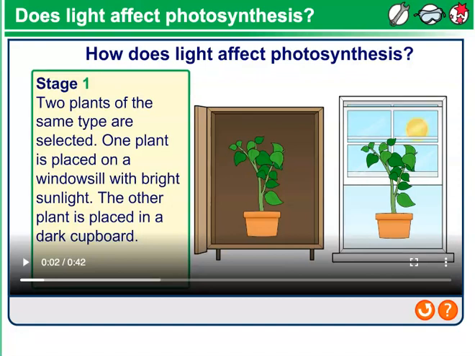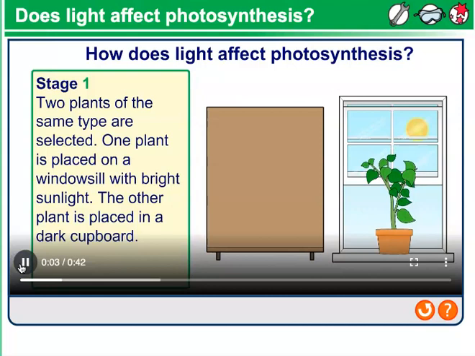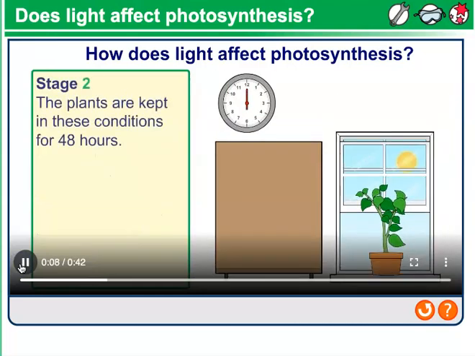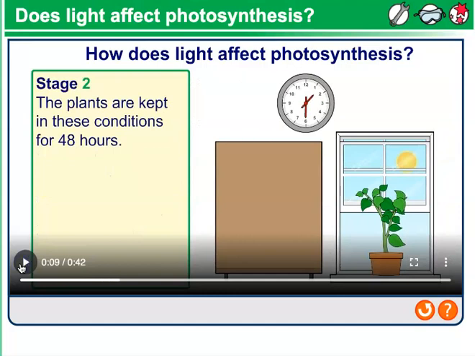So how does light affect photosynthesis? Stage 1. 2 plants of the same type are selected. One plant is placed on a windowsill with bright sunlight, the other placed inside of a dark cupboard. Stage 2, the plants are kept in these conditions for 48 hours.